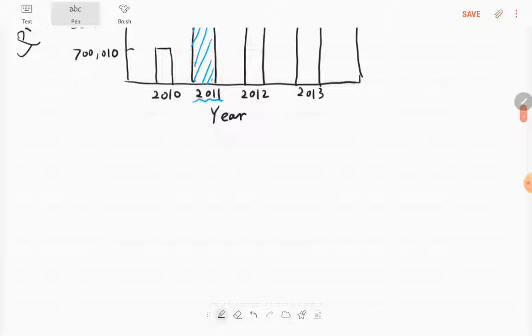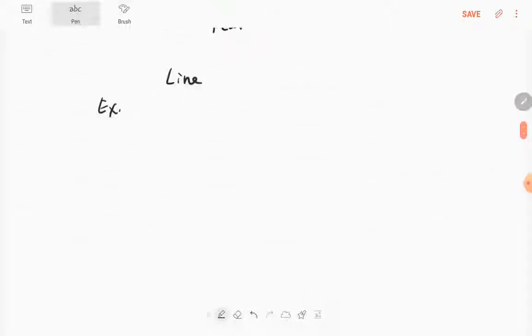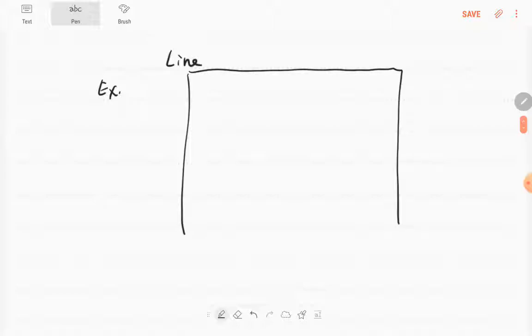Another basic graph we call a line graph. For example, we have this kind of line graph. In this graph, we still list some values on the horizontal line.